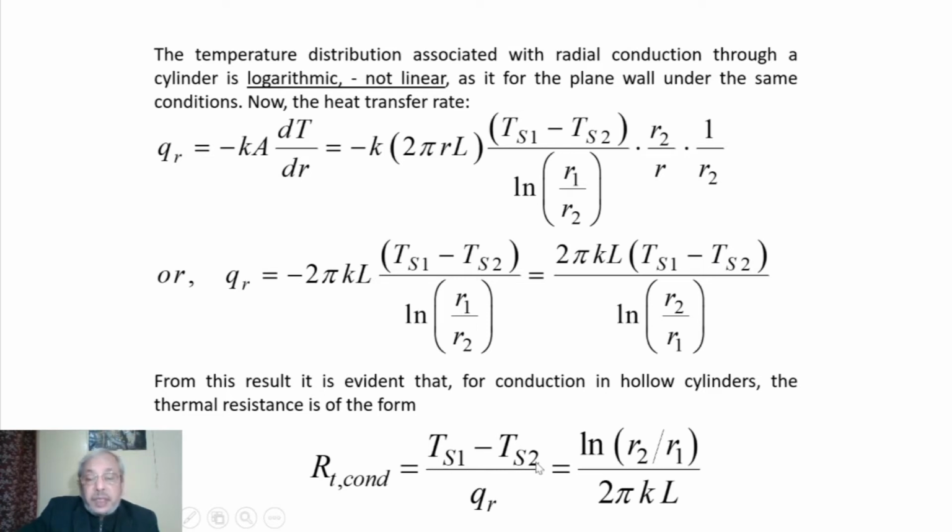So (Ts1 minus Ts2) by Qr is given by ln(R2 by R1) divided by twice pi K L. Yesterday, in our last class, we did this also: the potential difference divided by the heat transfer rate gives the expression for resistance. So the expression for conduction resistance is ln(R2 by R1) divided by twice pi K L.